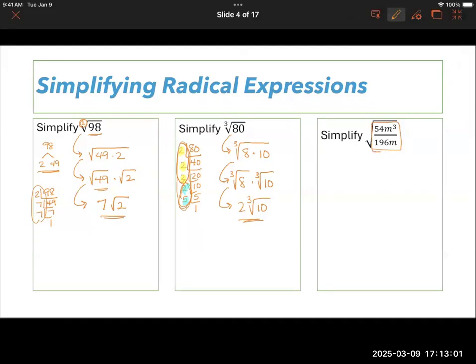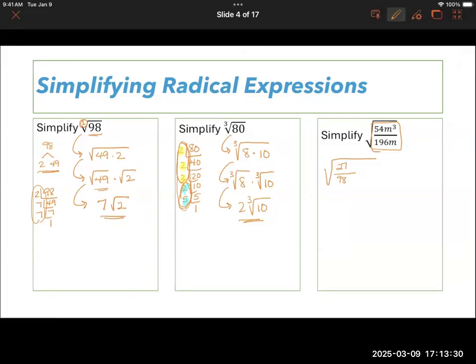You'll notice in the numerator and the denominator, we have some common factors like a 2 and an m. So I would cancel those out first before you actually deal with taking the roots. So we would have a square root of, so again, 54 and 196 share a 2. So this is going to be a 27. And on the bottom, we're going to get a 98.